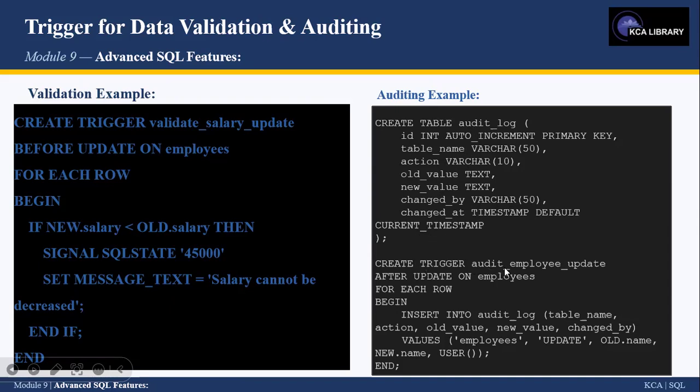Then create trigger audit_employee_update after update on employees for each row begin insert into audit_log (table_name, action, old_value, new_value, changed_by) values ('employees', 'update', old, new, and user).